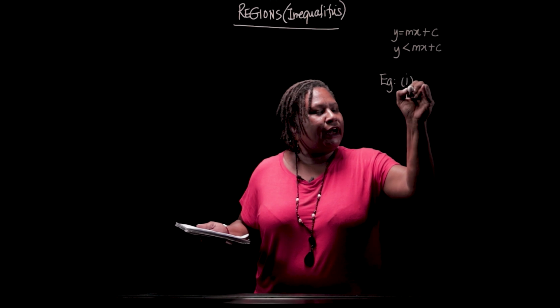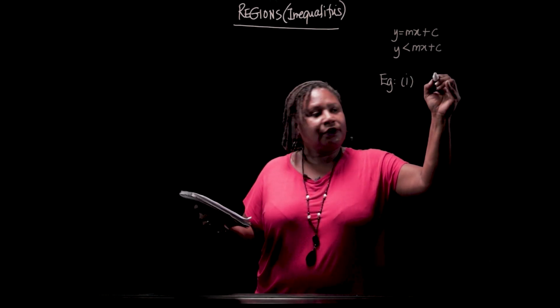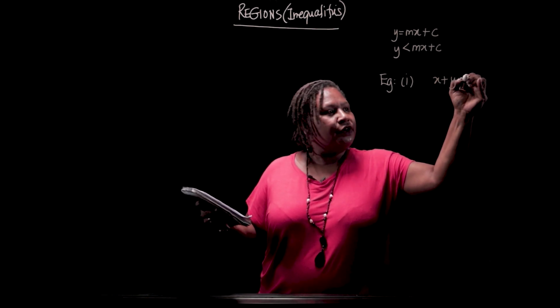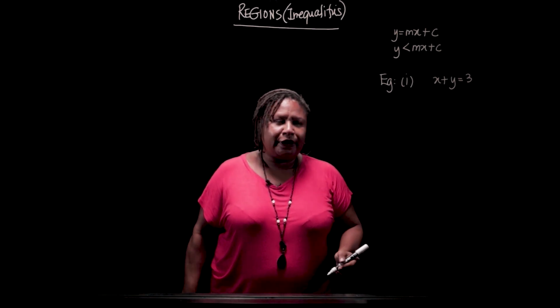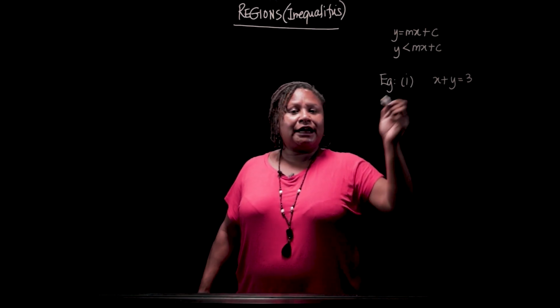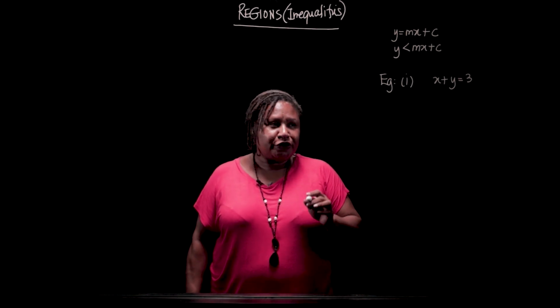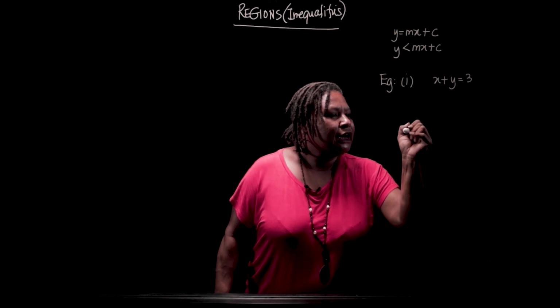Example number 1, where we have a linear equation, x plus y equal to 3. If we draw this on a Cartesian plane, that line is going to form a boundary that forms two regions. Let's show how this is going to look.